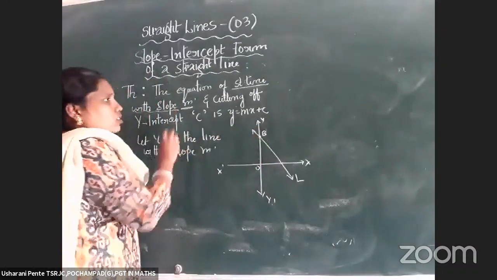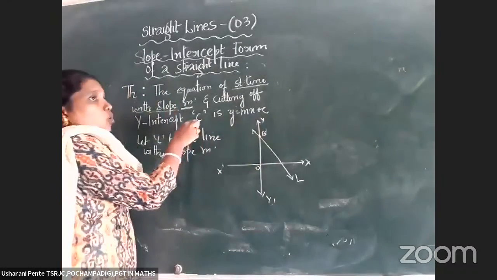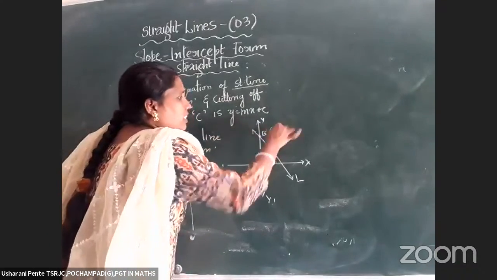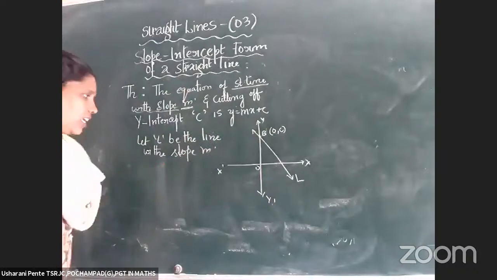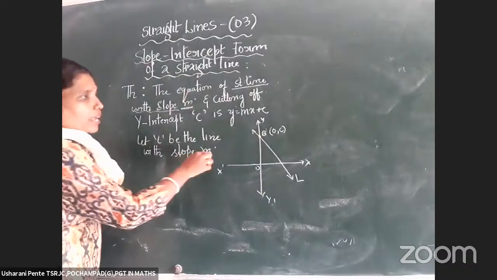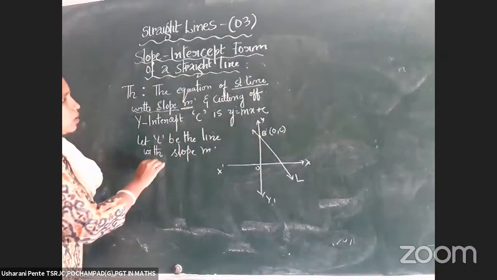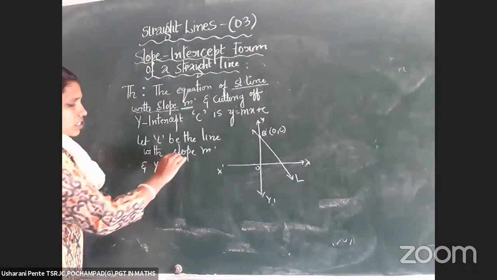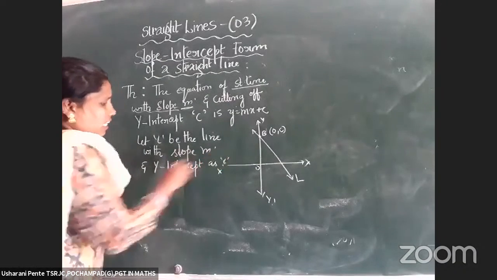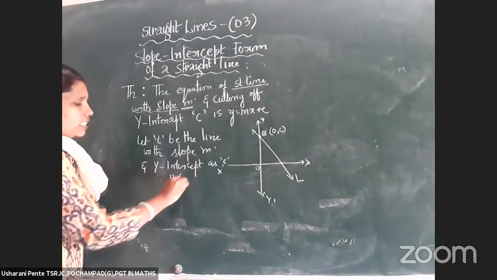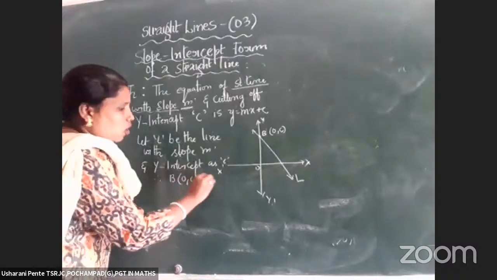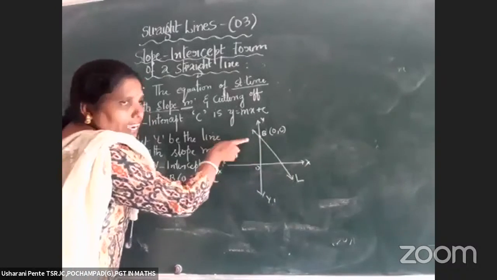Here the y-intercept is specified as c, so we are taking it as c. Let L be the line with slope m and y-intercept c. Therefore, the point B, which is (0, c), is on the line L.